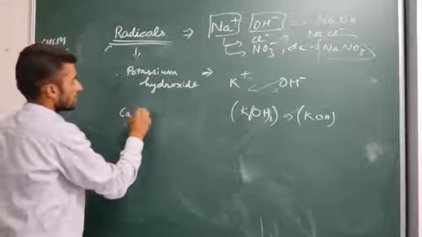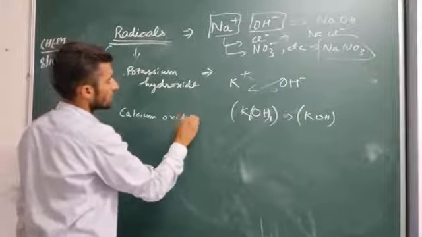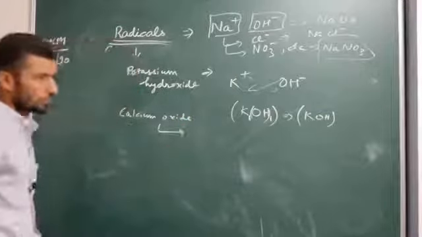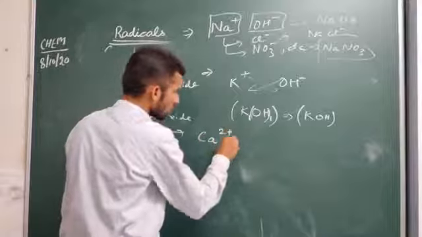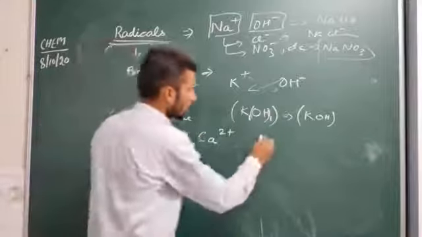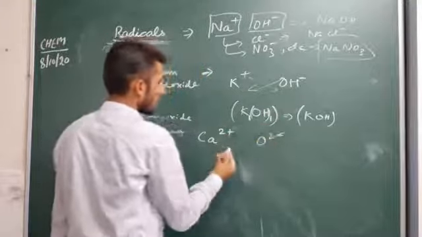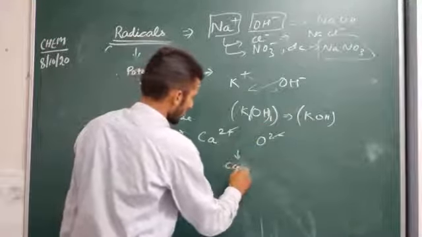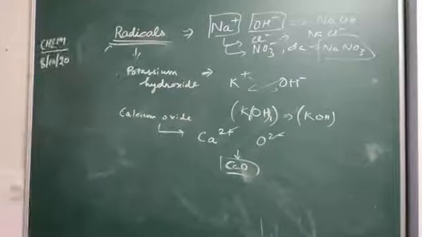Similarly, if calcium oxide needs to be derived through its formula, calcium oxide we know is Ca2 positive and O2 negative. So 2 positive and 2 negative will get cancelled and we will get CaO. Clear? This also is very simple.